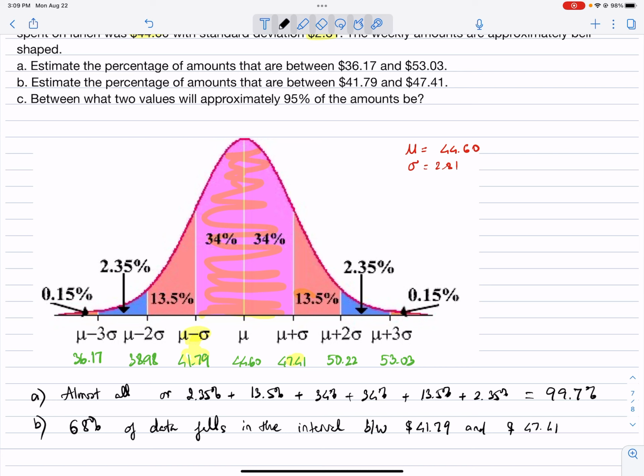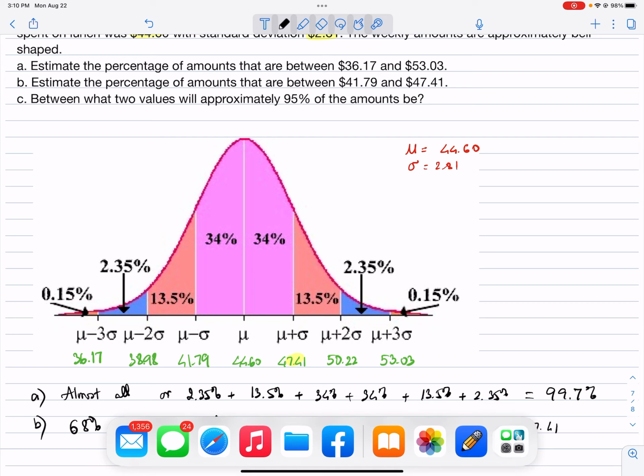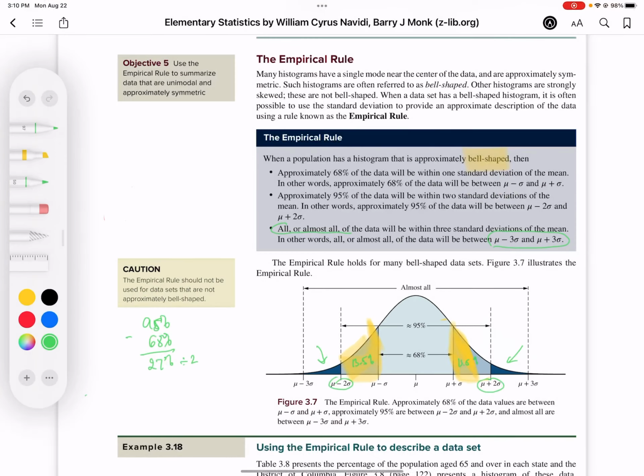Part C: between what two values will approximately 95% of the amounts be? We use the empirical rule. The empirical rule says that 95% of the data will fall between mu minus 2 sigma and mu plus 2 sigma.